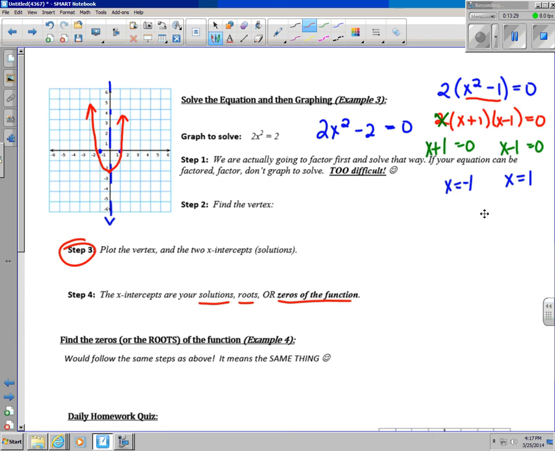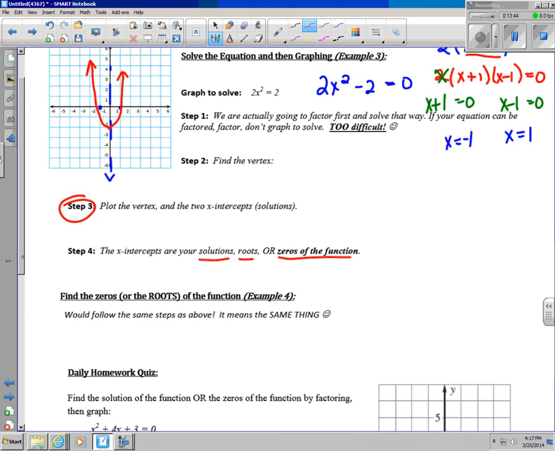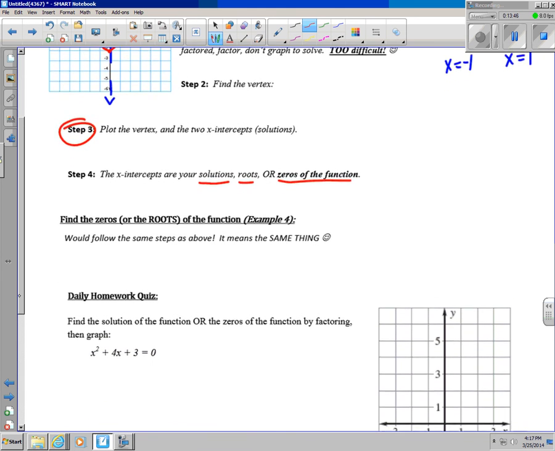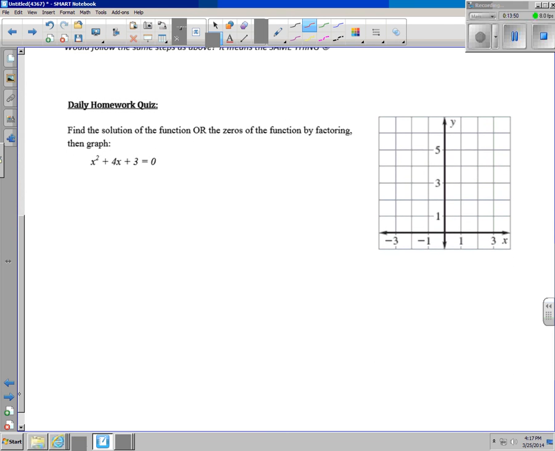So all of this works. I think you should be able to factor almost every part of your assignment today. Now, if you had a problem that said find the zeros or roots of the function, you'd follow the same steps as above because it means the same thing. If you can factor it, factor it. Then you could graph it. But find your solutions one way or the other. But most of your things in the assignment today, you can factor.